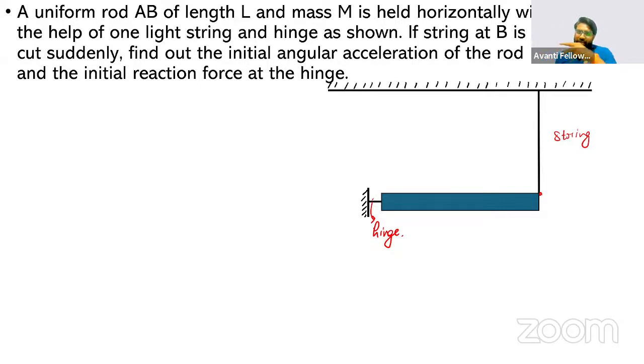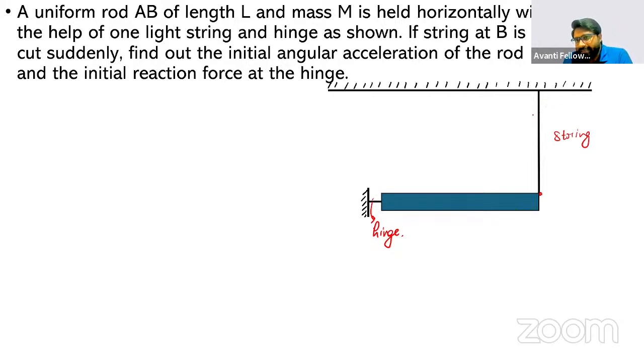So as soon as we cut the rope from here, the tension force will vanish. But suppose this string is replaced by a spring and we cut the spring from here, then at that point you cannot say the spring force will vanish. No.